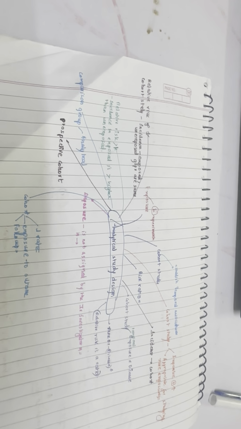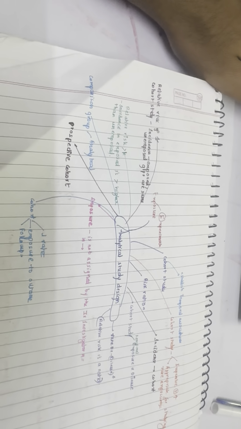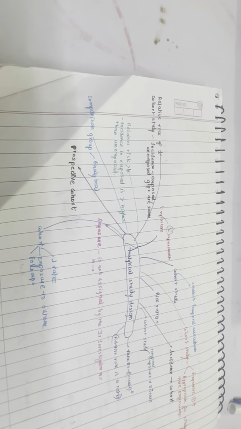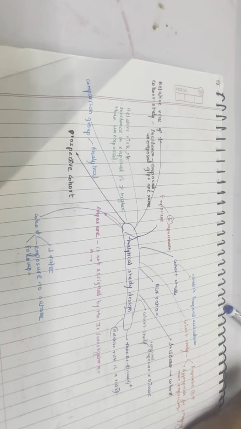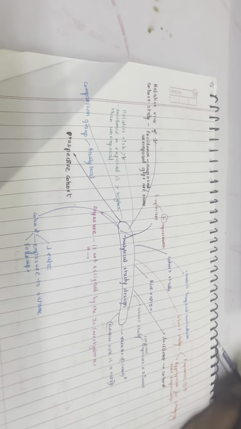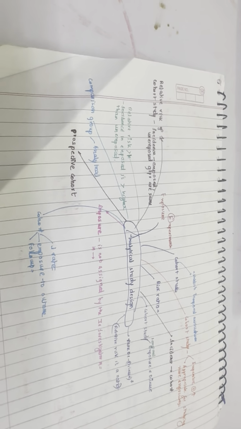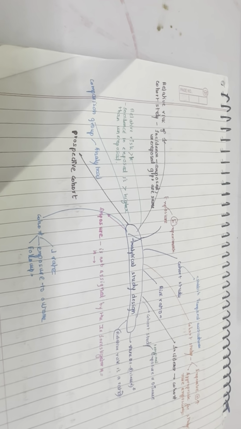So, the following statement regarding the cohort study is false: suitable to study diseases with a long latency period. That is a false statement. Loss to follow-up can introduce bias. Yes. Relative risk can be calculated in a cohort study. Yes. Temporal association with a risk factor can be established.